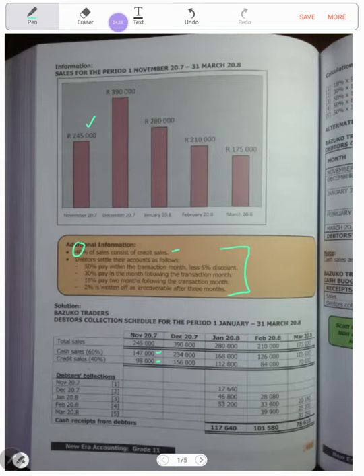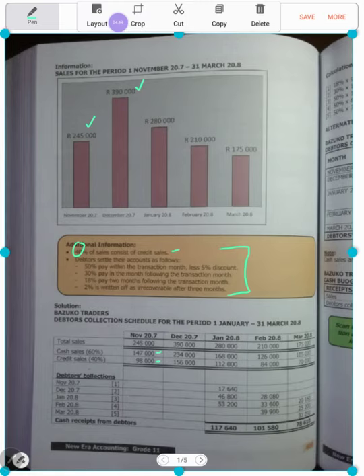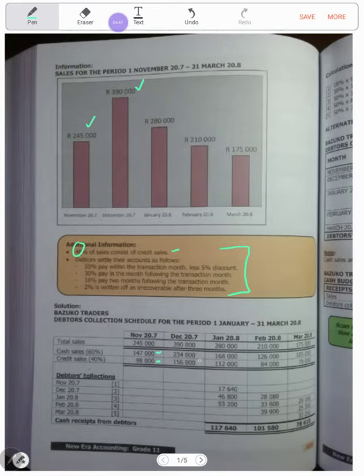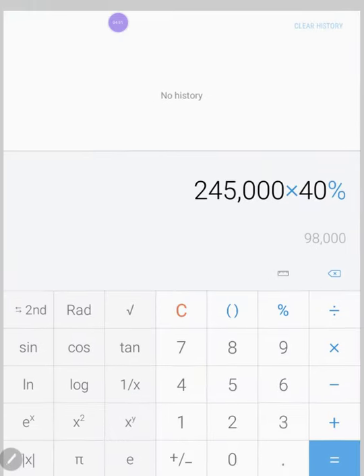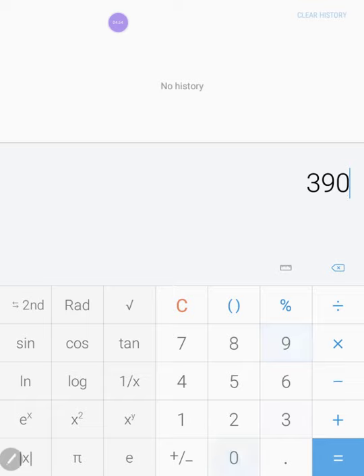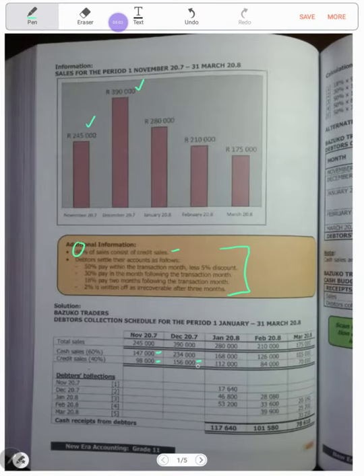They did the very same thing for December. They took the total sales and we divided it according to cash and credit sales. 40% of the total sales will be 156,000. Very same calculation. 390 times 40%. Our credit sales was 156,000, which we have over there.